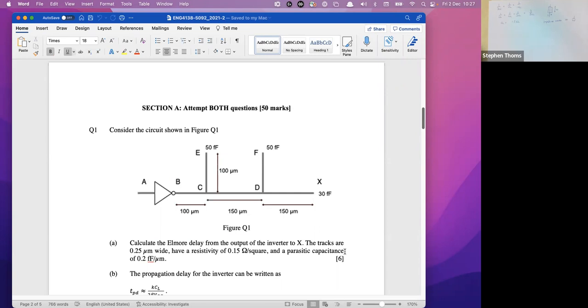We know the resistivity. We know the parasitic capacitance as a capacitance per micron. And we are asked to calculate the delay.